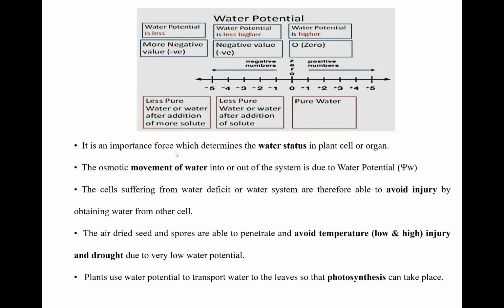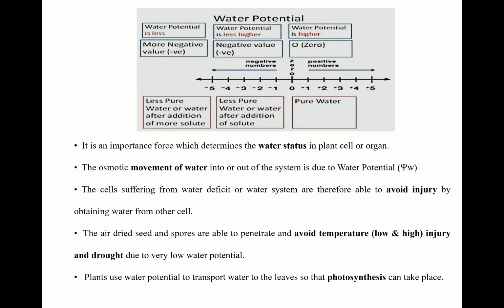So what is the significance of this? It is an important force which determines the water status in a plant cell or an organ. So how much water is present in a plant cell or organ, it can easily determine. And it is the osmotic movement of water into and out of the system, which is due to the water potential.